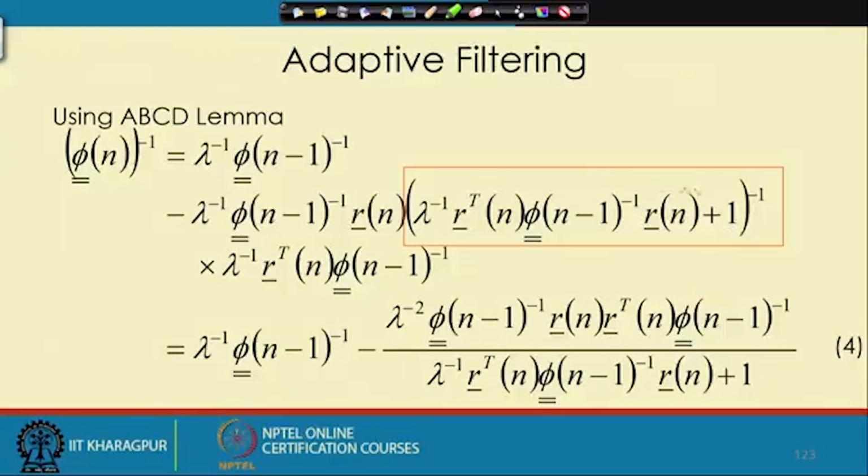So this is actually giving just a scaling, and we are taking the inverse of the whole thing. So we can write it in a little better form: A inverse minus this part, and the part giving the scaling we write as a denominator.